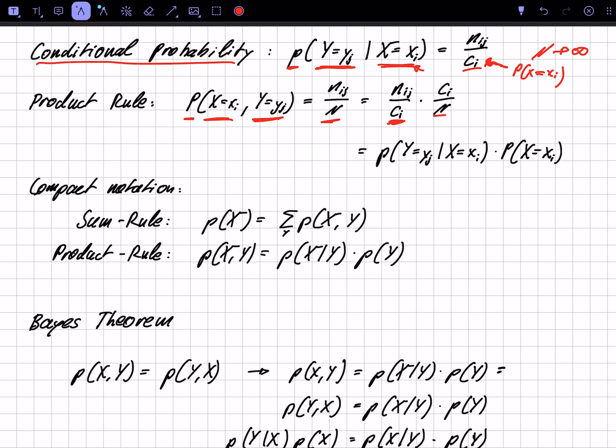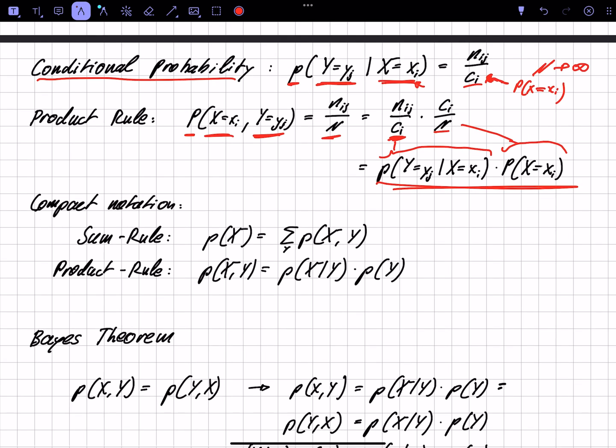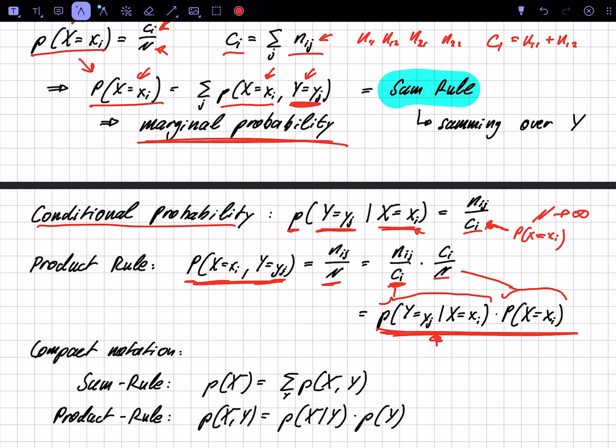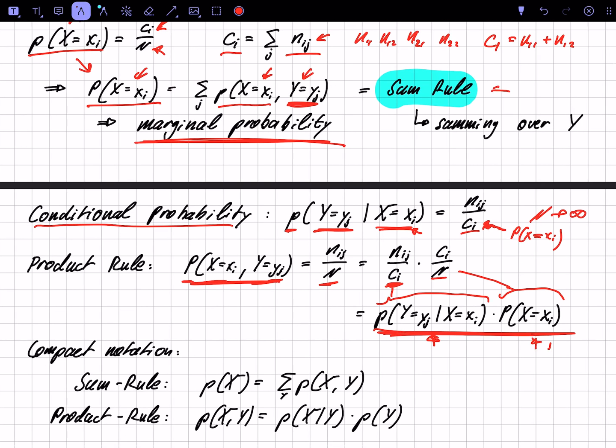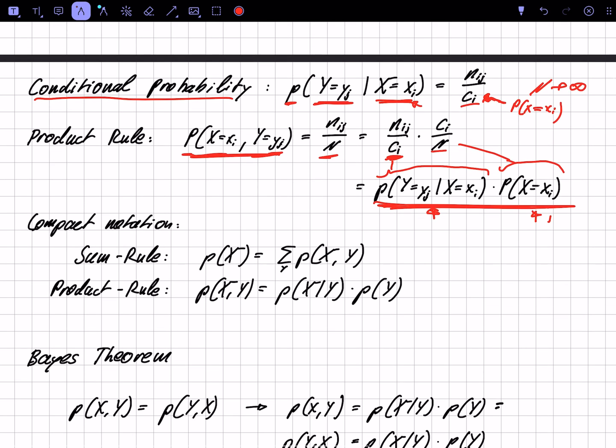And we get this one, because this one is equal to that one, and this one is equal to this one. So now we know that if we want the probability of x equals xi and y equals yj, we only have to know the conditional probability times the marginal probability that we can find with the sum rule.